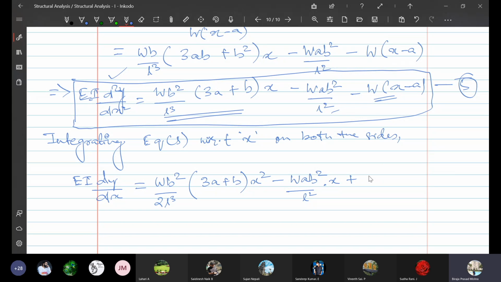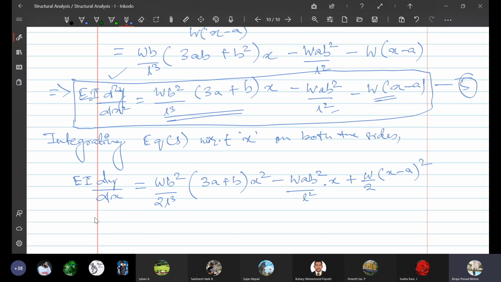What will be this value? W by 2 into x minus a whole square, sir. W by 2 into x minus a whole square. Is it correct? All of you?